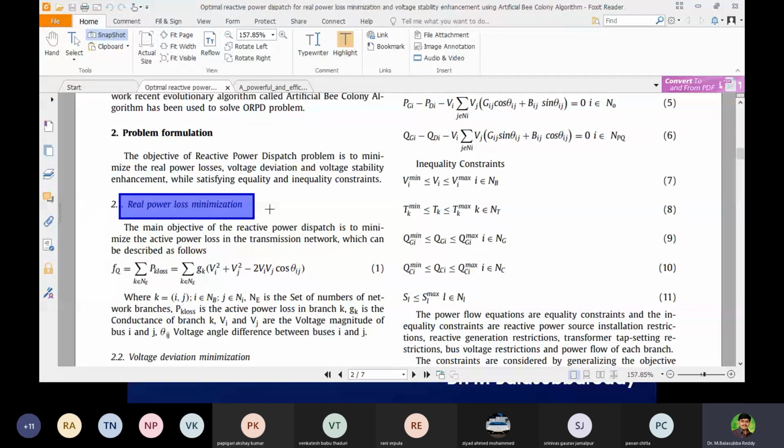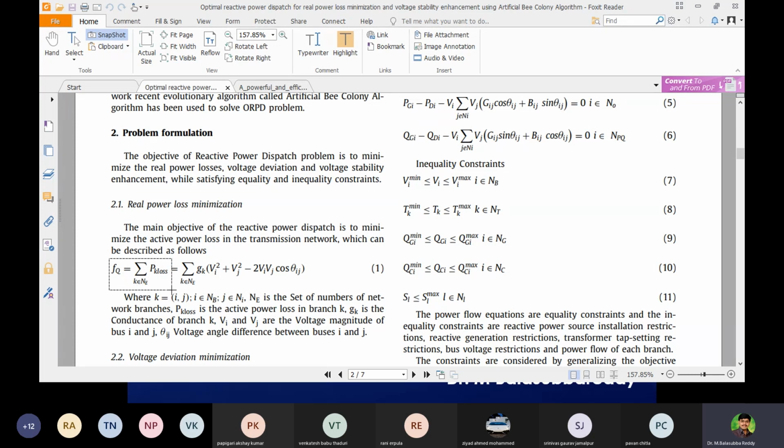So one of the main objectives is to minimize the loss, whatever may be the cost of generation, it is no matter. So there is a specific constraint as well as a specific objective to solve the problem. Many objectives are there, but he took I think 2 or 3 objectives. In that, the first one is power loss minimization.